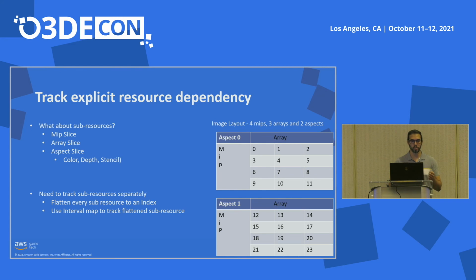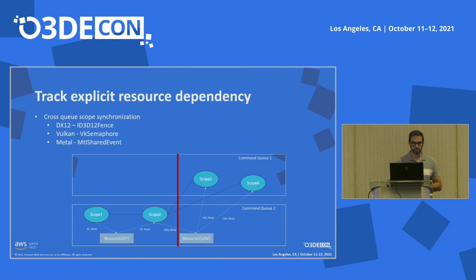That way, we only need to track the contiguous set. For example, from 0 to 23, if all the mips, arrays, and aspects stay the same, then we only track the state from 0 to 23. Only when, let's say, aspect 1 changes, will it be split into 2 separate objects, and then we can track the 2 separate objects. That way, it's way more efficient and fast.